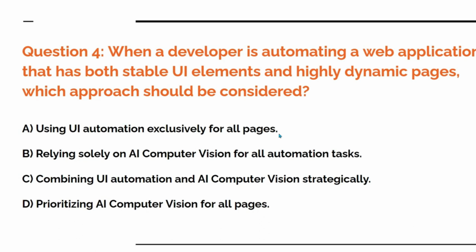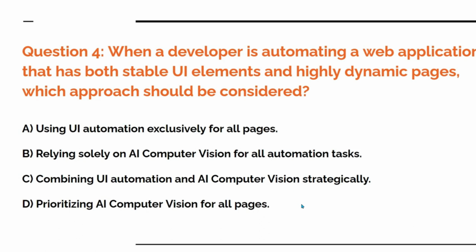You'll be only using UI automation. B. Relying solely on AI computer vision for all automation tasks. You only use AI computer vision for the entire automation. C. Combining UI automation and AI computer vision strategically. D. Prioritizing AI computer vision for all pages. Now tell me which is the most appropriate answer.